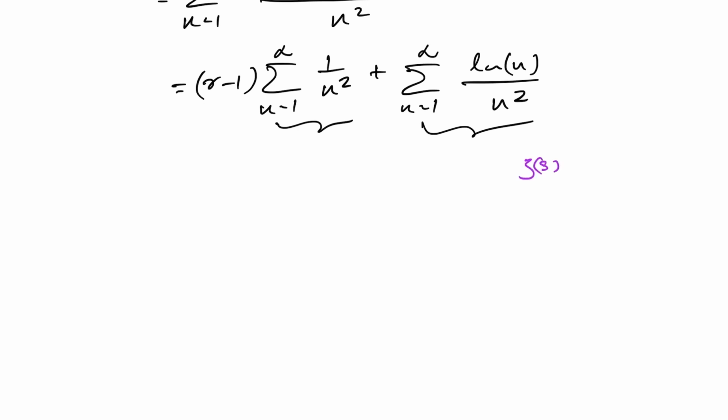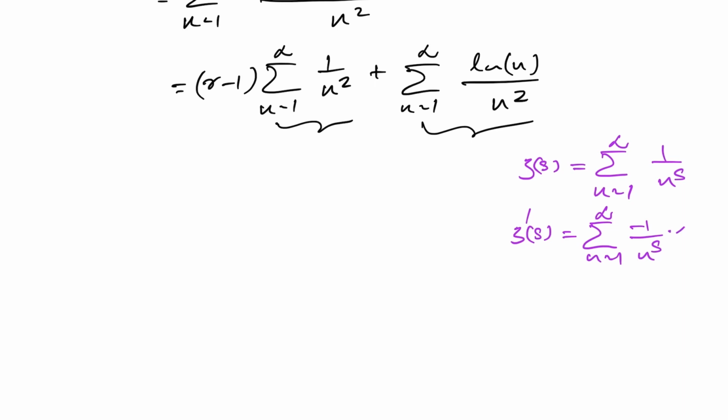We know zeta of s is equal to the infinite sum from n equals 1 to infinity of 1 over n to the s. Then if we differentiate with respect to s, we have zeta dash of s is equal to the sum from n equals 1 to infinity of minus 1 over n to the s times natural log of n. So we have minus. Now when n is equal to 1, natural log of 1 we know is 0, so this series we can begin with 2.